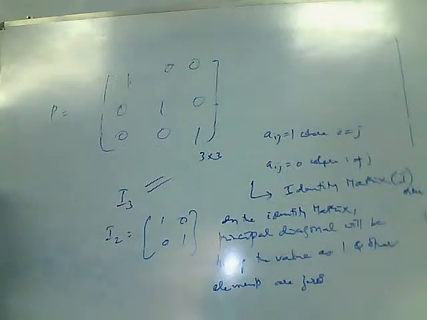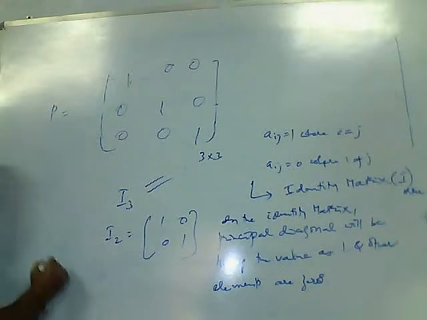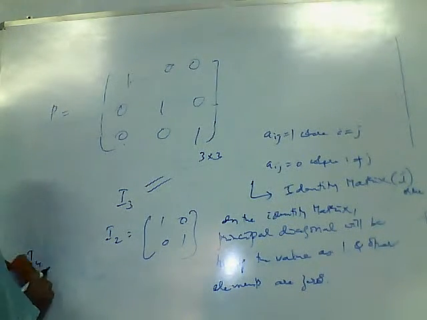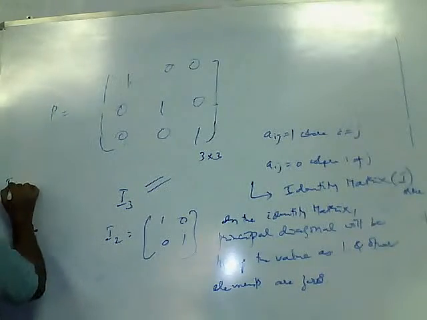An identity matrix can be of any order. I1 is automatically 1 by 1, so there is nothing to it. But I4 can be there, 4 by 4.